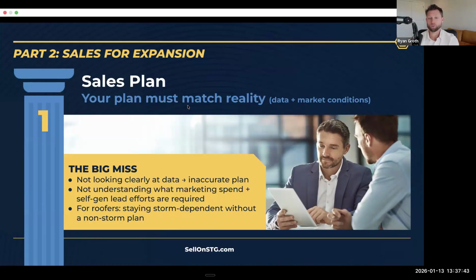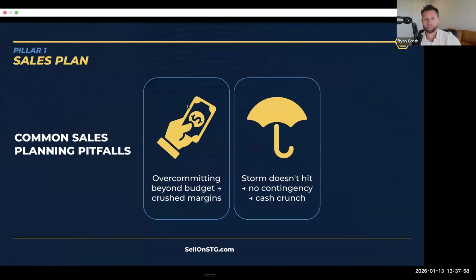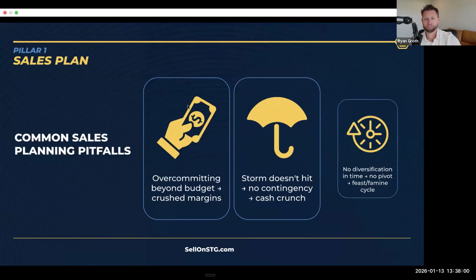For roofers, staying storm dependent without a non-storm plan. I think that's another big one, where you're praying for a storm to happen or you're expecting it rather than building a non-storm plan in your sales plan. So some other common pitfalls is overcommitting beyond budget crushes your margins.